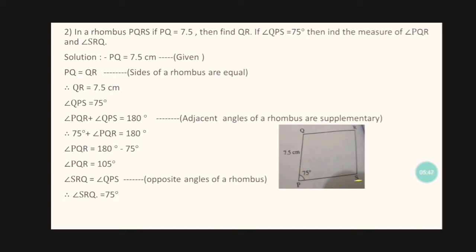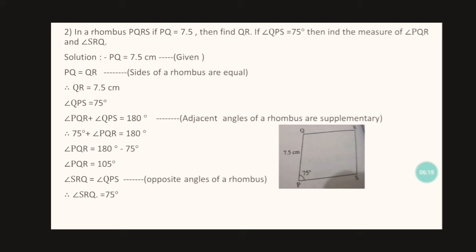Length of PS will also be equal to 7.5 centimeter. Okay. Now we have been given the measure of angle QPS and we have to find out the measure of angle PQR. Now as these lines are parallel to each other, which angles are forming over here? They form the interior angles, right?